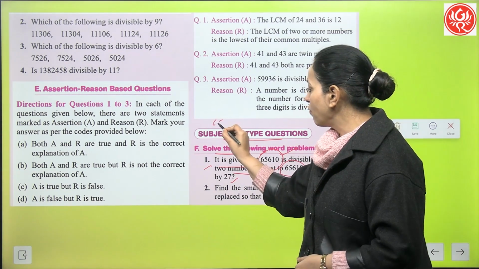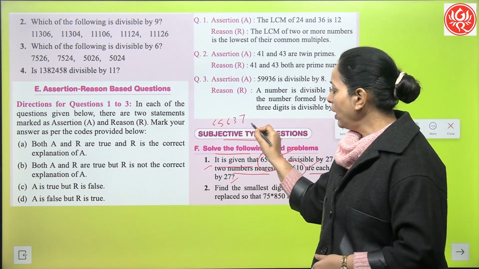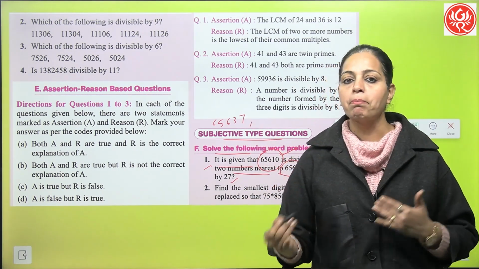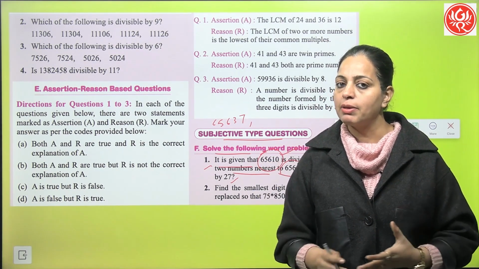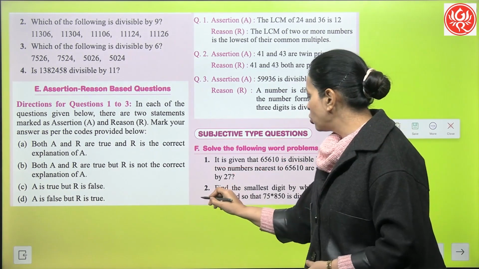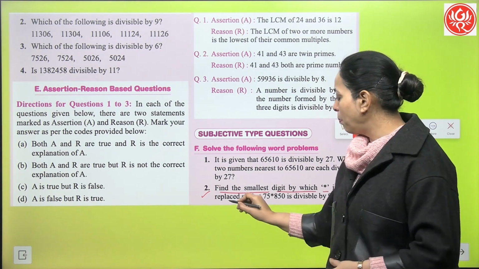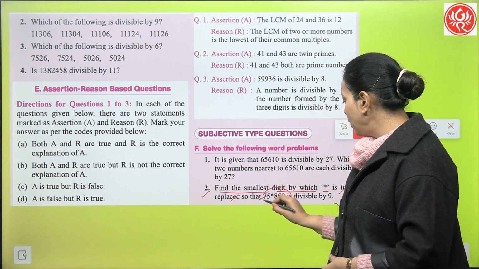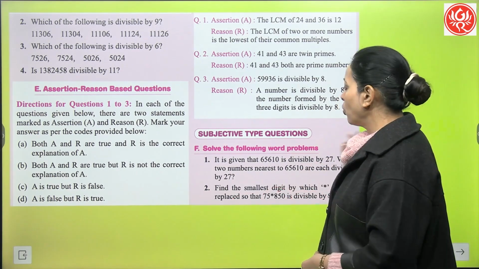You will get 65,637. ओके. और एक बार इसमें से 27 माइनस कर देंगे. तो वो जो दोनों नंबर्स हैं, those are divisible by 27, right? Now question number 2, find the smallest digit by which this sign is to be replaced so that this number is divisible by 9. You can try this one on your own.